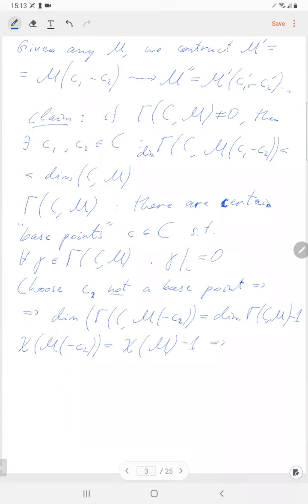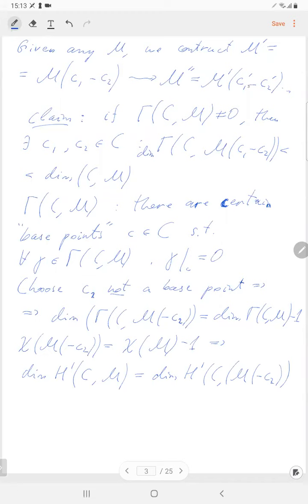So it means that the dimension of the first cohomology of C with coefficients in M is the same as the dimension of first cohomology of C with coefficients in M of negative C2. Okay, so the dimension of the zeroth cohomology dropped by 1, but the dimension of the first cohomology stayed the same.